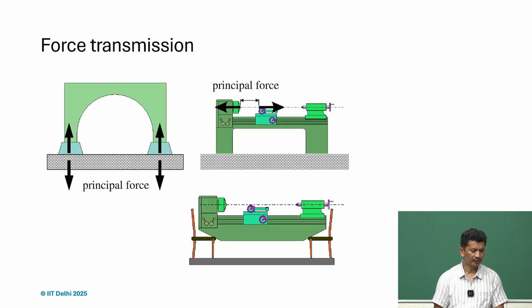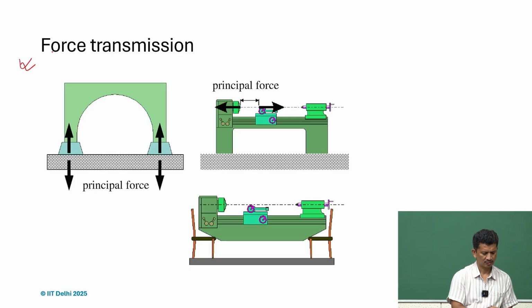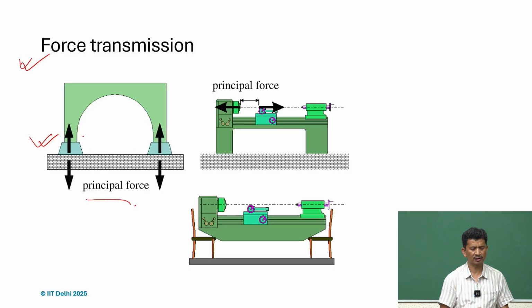At the end, when we talk about stiffnesses, what we also need to understand is the force transmission and the load path. For any frame, any machine, what is the approach? For instance, the earlier design used to be like this, firmly grounded, with the principal force in this direction, and then we can grout it.